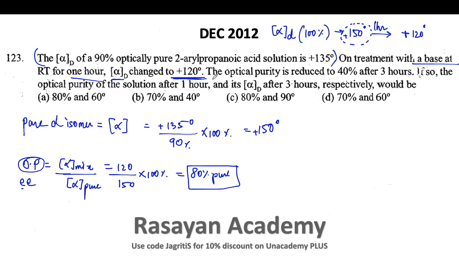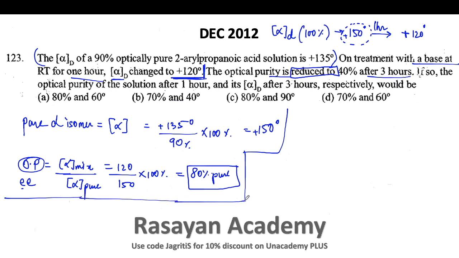Okay. Now, all right, this is sorted. The optical purity is reduced to 40% after 3 hours. Now, guys, there is a difference between reduced to and reduced by. Reduced by means you have to subtract 40%, and reduced to is just directly take the 40%. Okay.